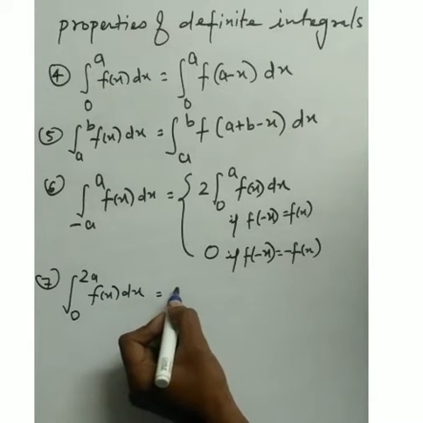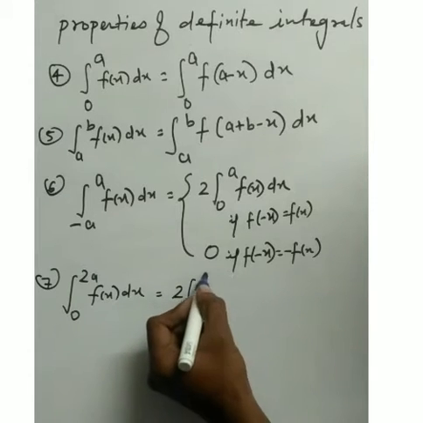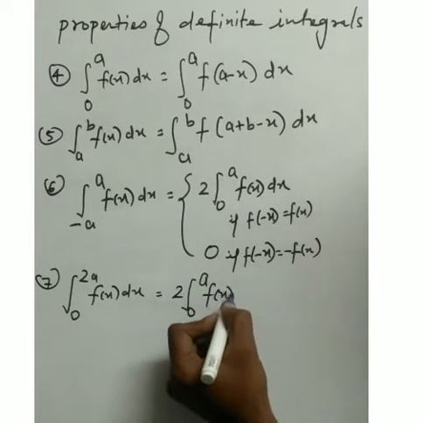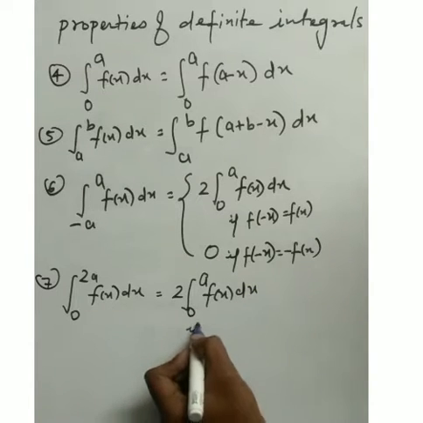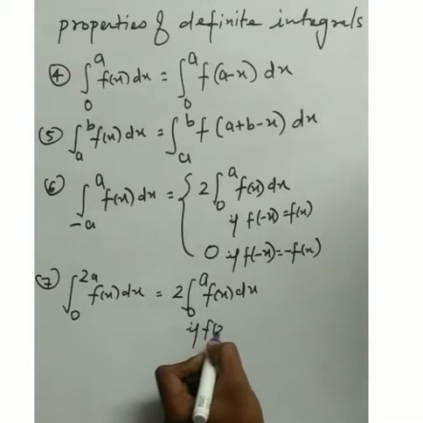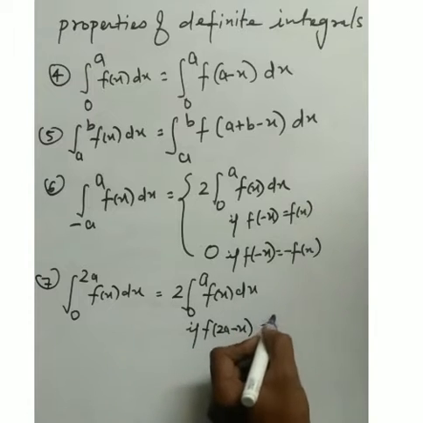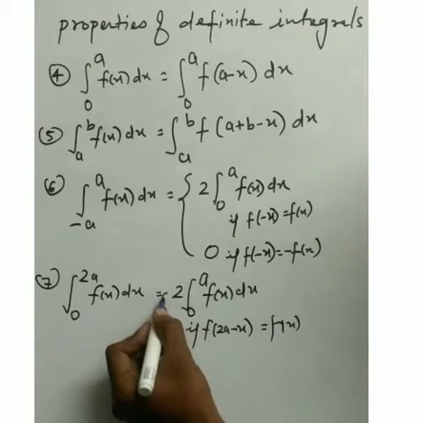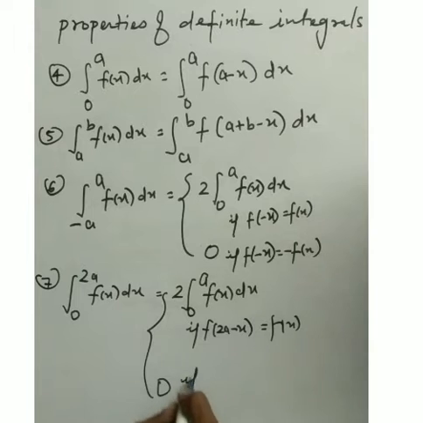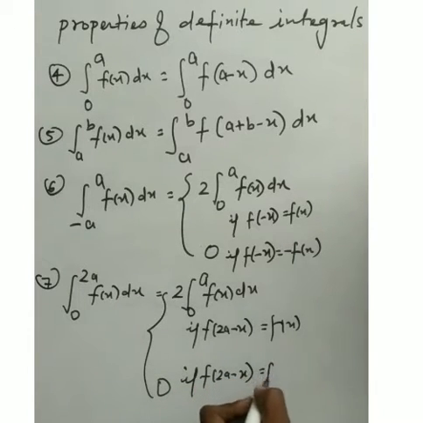It is equal to 2 times integration of 0 to a f(x) dx if f(2a minus x) equals f(x), and it becomes 0 if f(2a minus x) is equal to minus f(x). These are some important properties of the definite integrals.